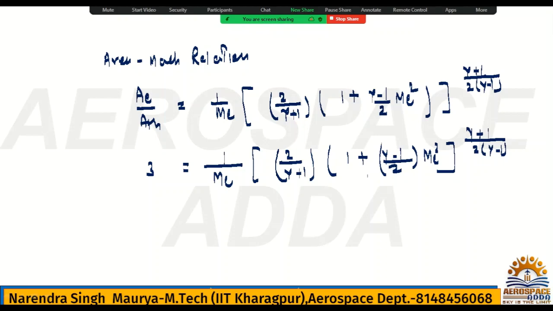If you solve this equation by hit and trial method, or try and error, then, or you do one thing, you directly can write this equation in calculator and shift solve.